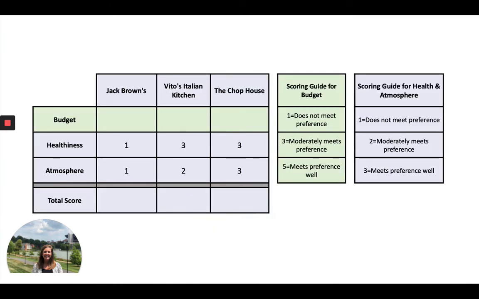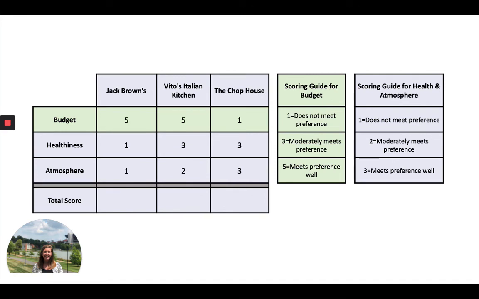For example, say that my husband and I, we value health and we value atmosphere, but the primary thing that we are stuck on is we will not spend over our date night budget of $50. So if you see over here, the scoring guide for health and atmosphere stays the same, 1, 2, or 3. However, we are going to assign more points to the budget because we value that the most.